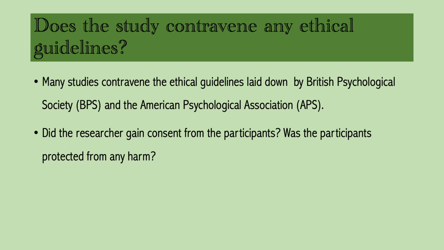The participant must know that they are in a study. The second one, participants must be protected from any harm. Okay? So if, for example, someone enters your research area and then suddenly you hurt them during the research, then your research will be considered unethical.